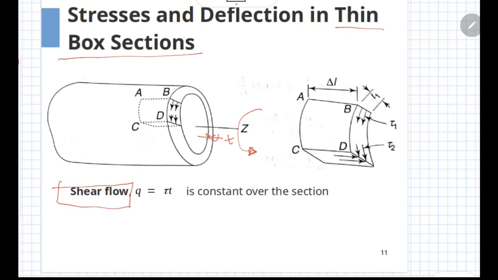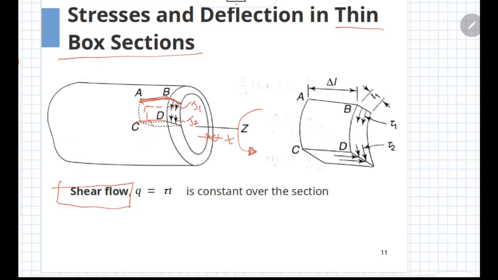So consider a small elemental segment of this particular body which is bounded by the edges AB and CD. Consider that corresponding to edge AB of this element, the shear stress is tau 1, and as you move ahead, the shear stress becomes tau 2.